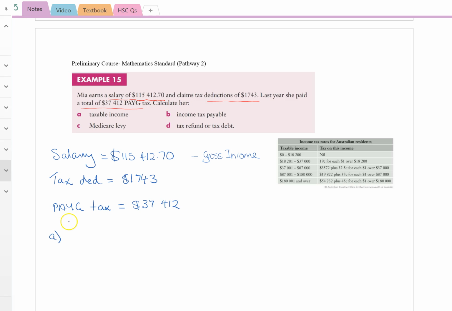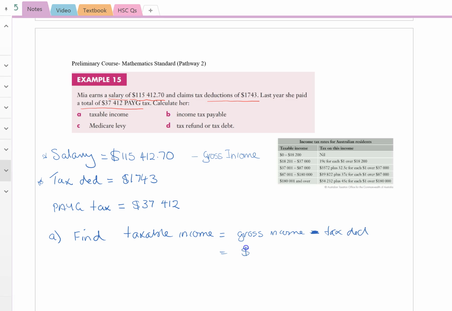Okay, up to A. What do we have to do? Identify it, write it down. Find taxable income. Now, if you've really been thinking about what you're writing back here, there'll be no surprise that you're going to find the taxable income, because taxable income, you can write it as gross income minus tax deductions.